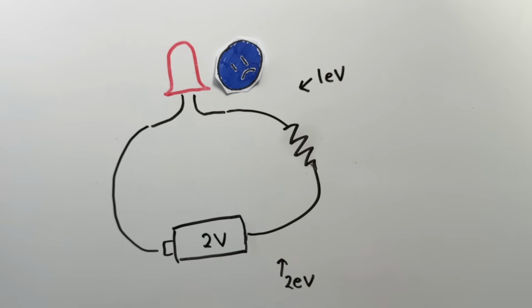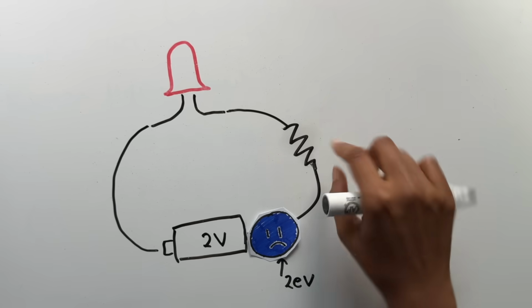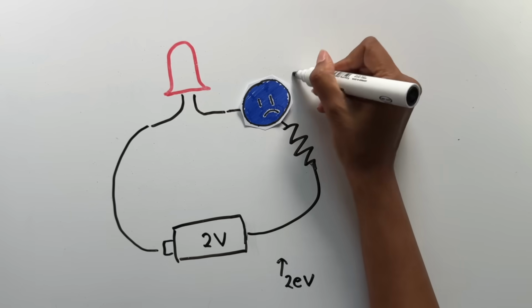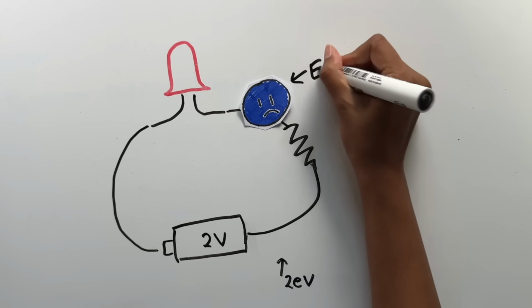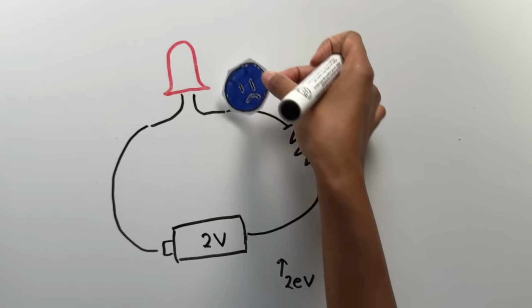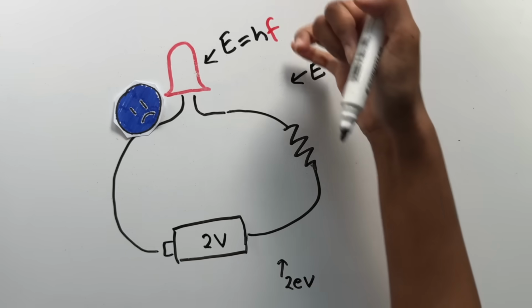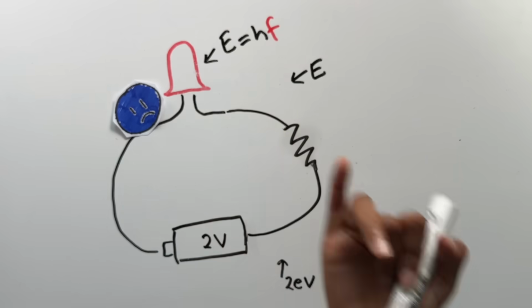And so we can test if that is enough to turn on the LED or not. We can keep testing this with either bigger or smaller resistors, and eventually we're going to find some energy, which we'll call E, which is the exact minimum amount of energy to turn this LED on. But because it's the exact minimum amount, we know that it must be equal to hf, where f is given by the frequency of the red light, and h we can now measure. So that's the experiment we're going to do.